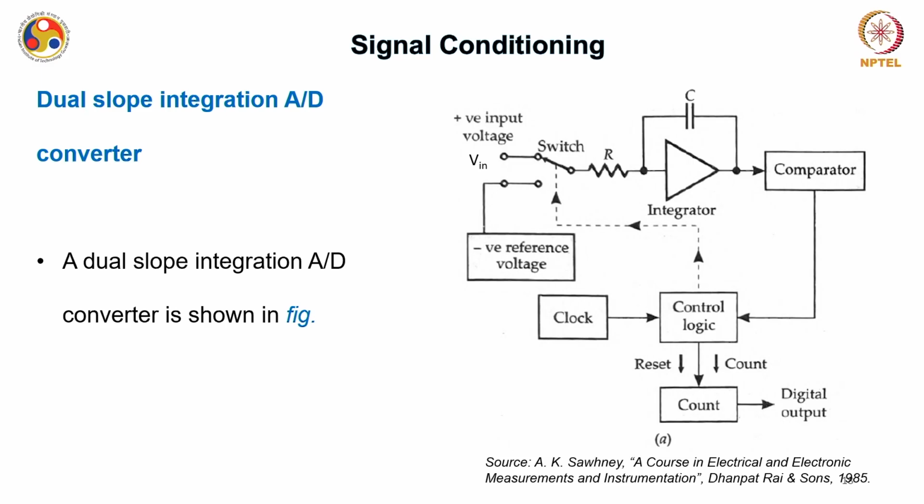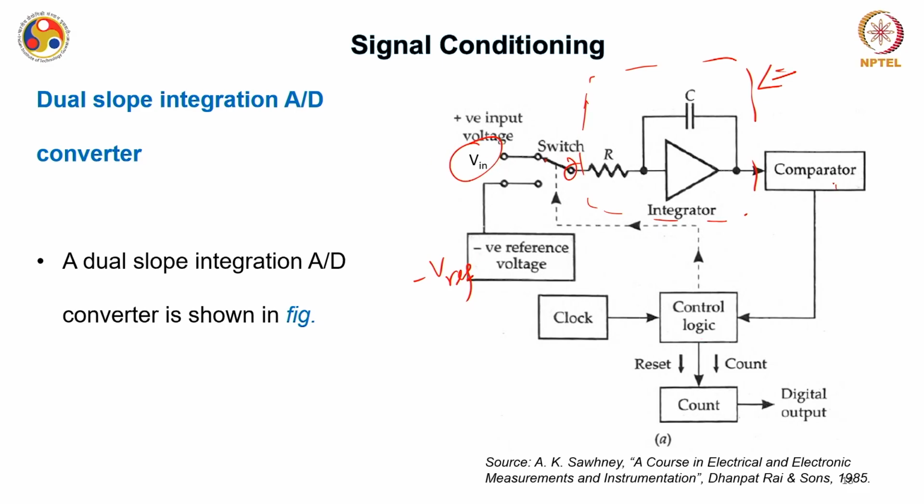You can see that it also uses an integrator, the same integrator that you have seen in the previous discussion. I have a switch which can toggle between a negative reference voltage, let me call it minus Vreference, and a positive input voltage, Vin.